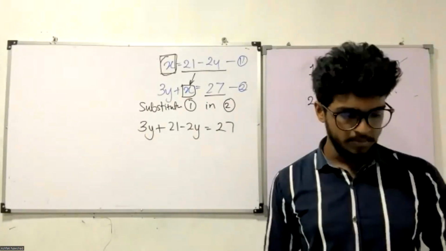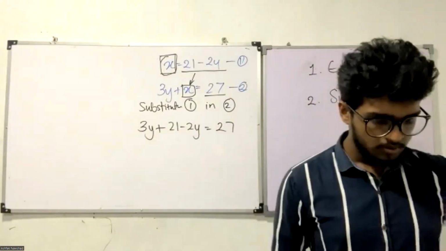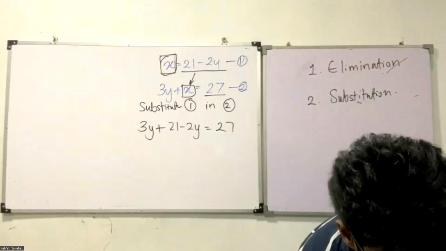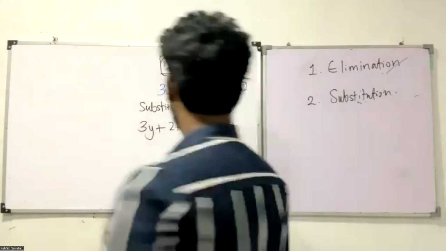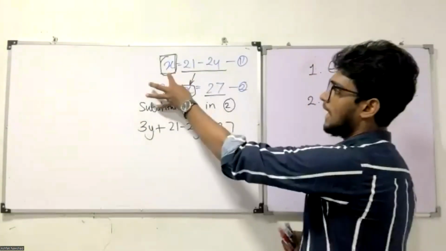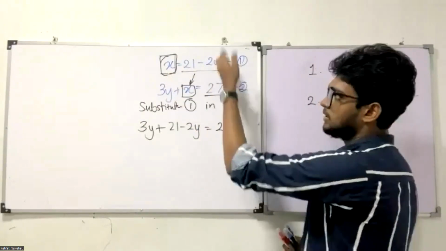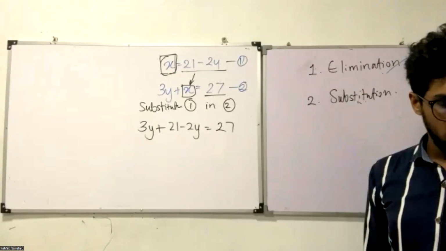Now we have a simple equation. Right? See what I did, is it understood? Like they have given a value for x directly, so we can use it without making coefficients equal and stuff.